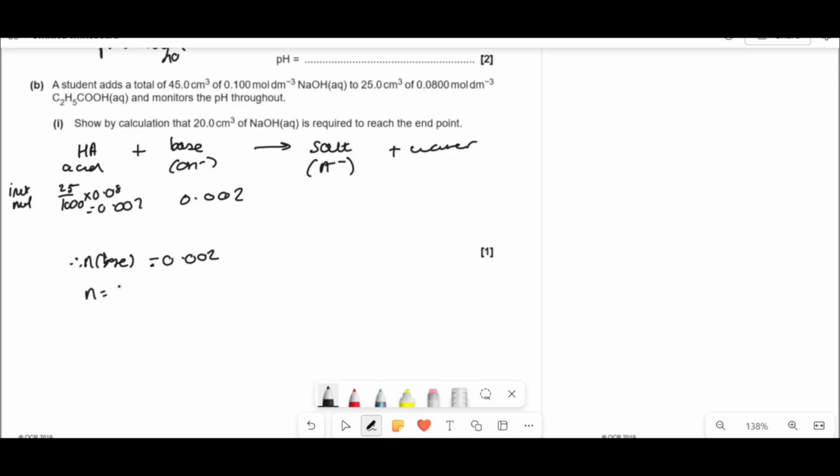So if n equals CV, then V equals n over C, which is 0.002 over its concentration of 0.1. If you do that, you end up with 0.02 decimeters cubed. But they wanted centimeters cubed, so you times by 1,000, and you end up getting 20 centimeters cubed. There you go.